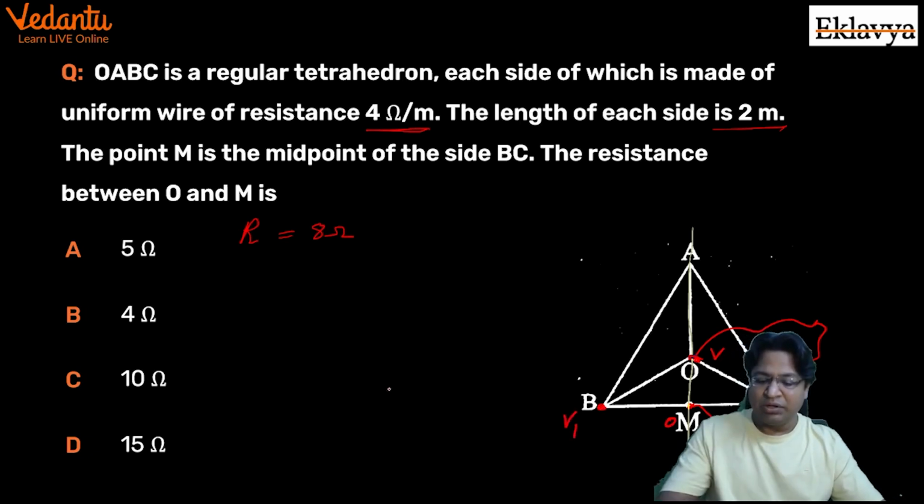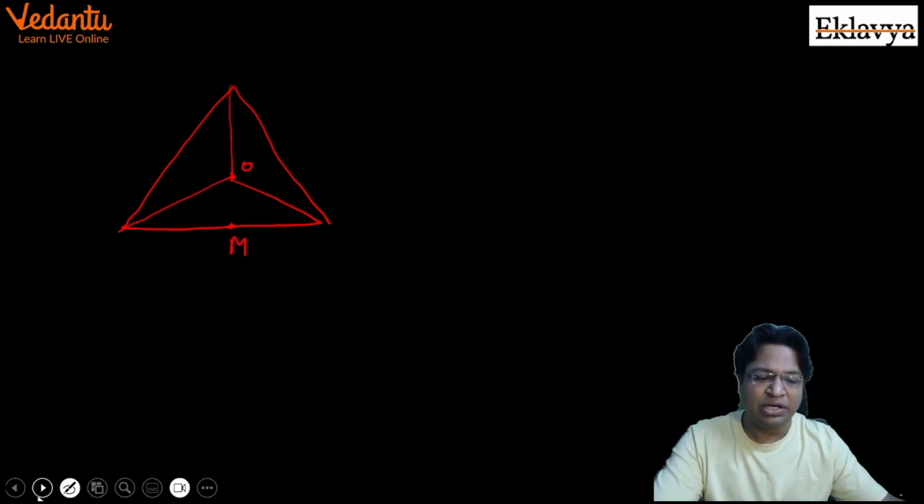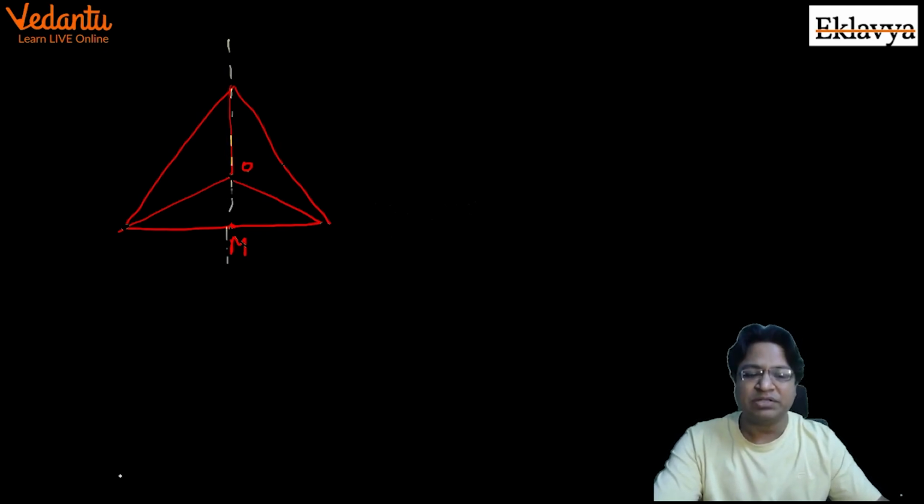Let me do it on the next page, because my figure might be blocking the view of the diagram. This was the tetrahedron given to us, with this point O and this point M. If we connect a battery of any EMF, let's say 100 volts, the potential here is 100 and here is 0. These two points are mirror images of each other in a plane that passes through OM, so they must have the same potential.